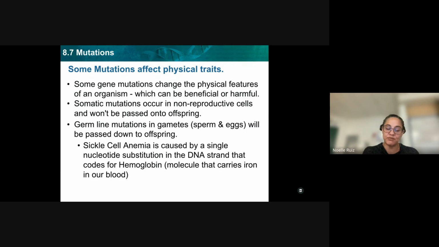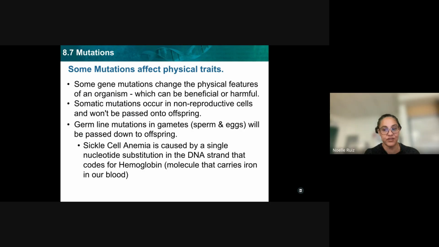So we talked back in chapter 6 about somatic cells versus germ cells or gametes. Somatic cells are all of our body cells, our brain cells, our skin cells, our heart cells. And then our germline mutations, those are our gametes, happen in the sperm and eggs. Since those are the cells that make babies, those have the potential to get passed on to offspring.